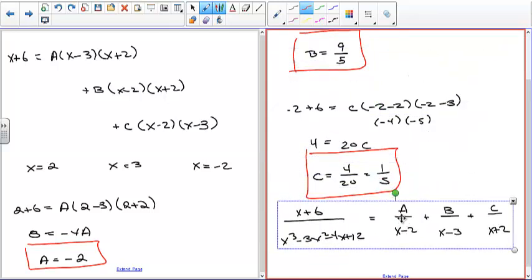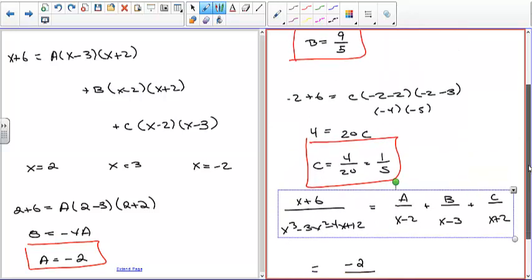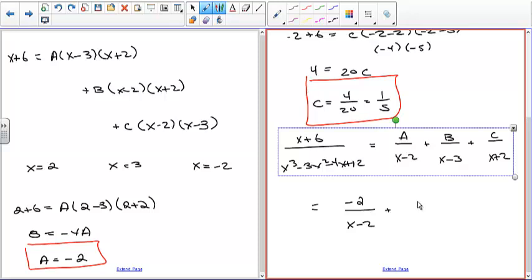So that's the expression. So now I just need to plug in what I know. So a is -2, so you get -2 over x minus 2. B is 9/5, so you get plus 9 over 5 times x minus 3, and c is 1/5, so you get plus 1 over 5 times x plus 2. There's your answer.